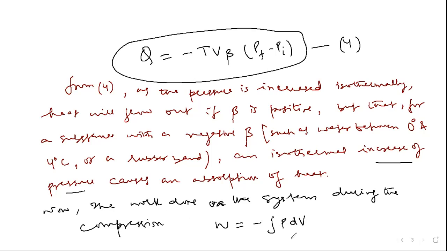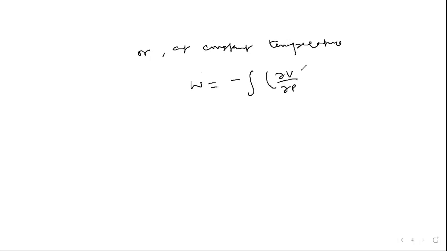Now, at constant temperature, we can write W equal to minus integral (dou V by dou P) at T, P dP.